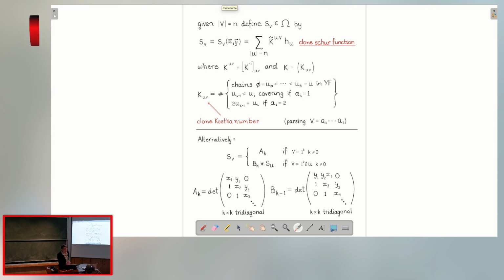Now inside of this we can define analogs of the Schur functions.